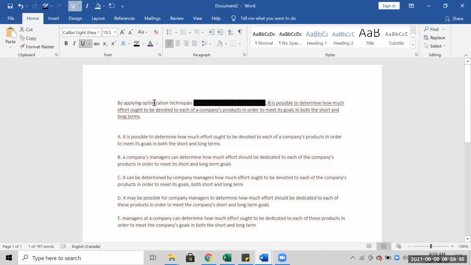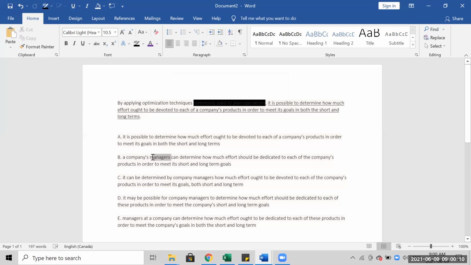Who is doing the applying of optimization techniques? I guess it has to be the managers of the company. By applying techniques, managers.